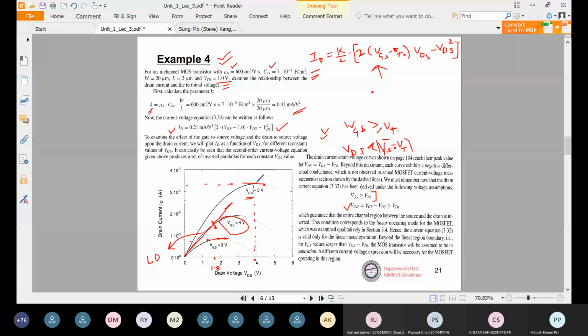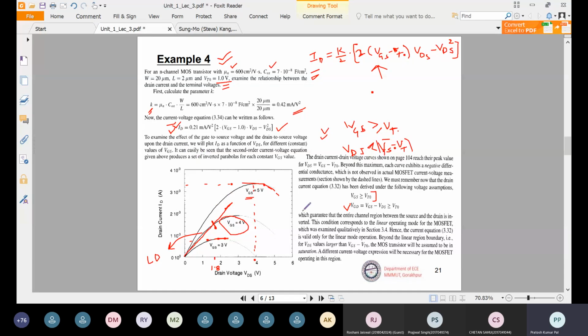If this is the only relation for all the drain to source voltages, then we can find that after a maximum value of drain current, the current starts to decrease. If we plot this relation for the drain current of the MOSFET, this will be the graph.